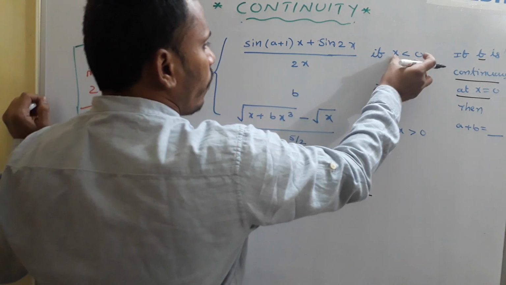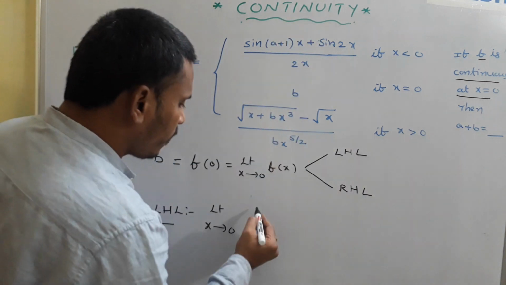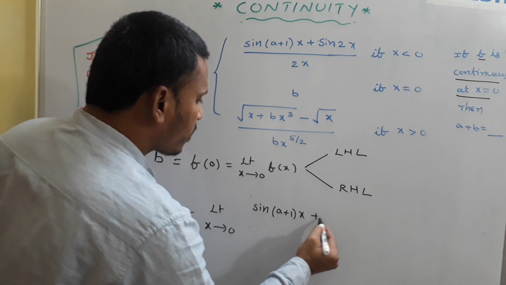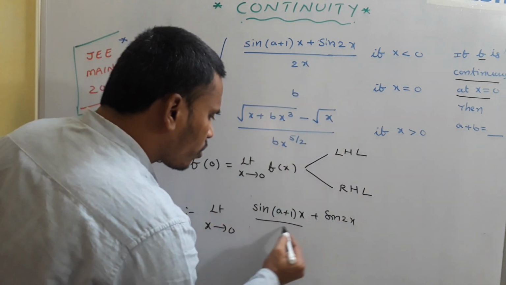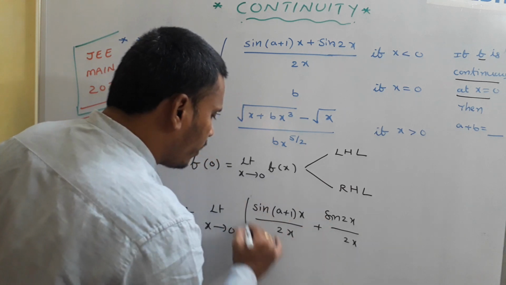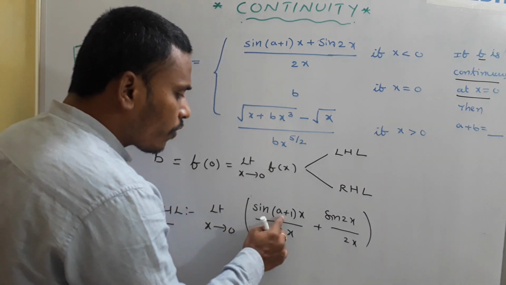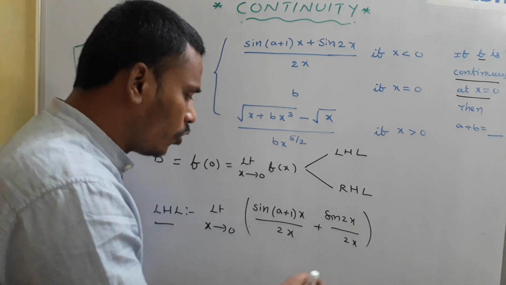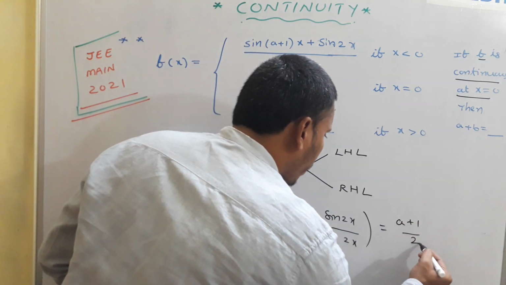Use this definition for x less than 0 because we are moving with the left limit. So what is this definition? Sine of (a plus 1)x plus sine 2x, divided by 2x, is given. Just split it: sine of (a plus 1)x by 2x, plus sine 2x by 2x. We did many problems related to limits. When you observe this, sine theta by theta is 1 as theta tends to 0, so the first term gives us (a plus 1) by 2.